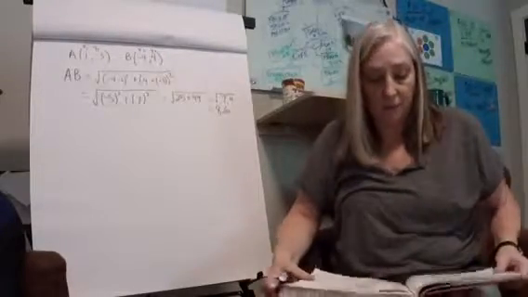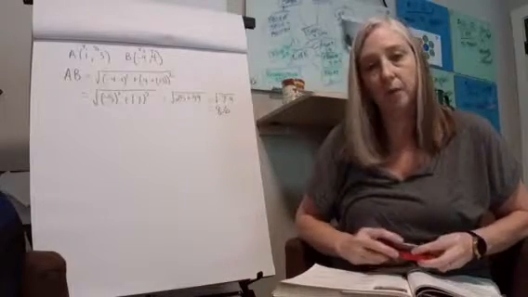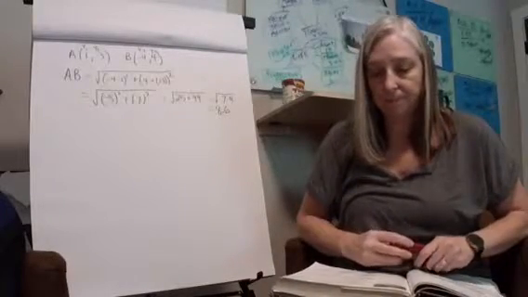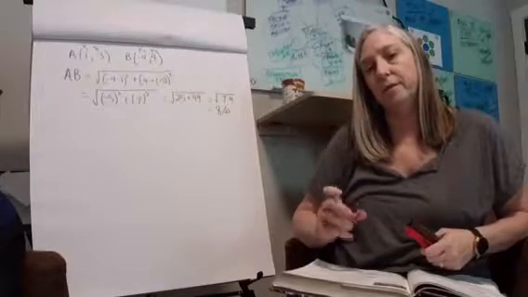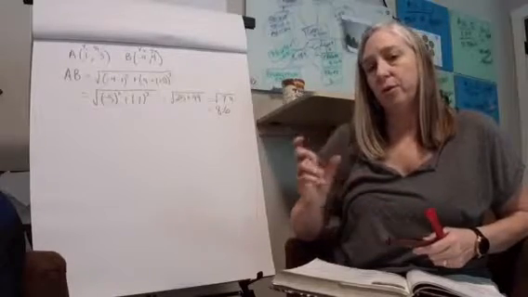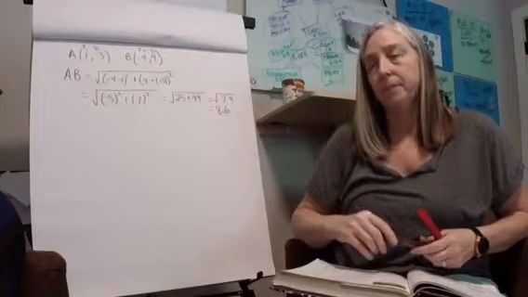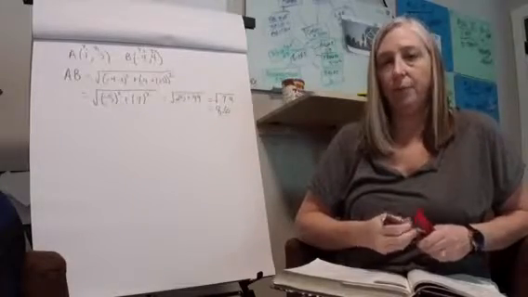Okay, the next thing that we're going to talk about in this section is how to find the midpoint of a line segment. So again, we found the midpoint using the ruler postulate in one of the sections earlier, and that's okay as long as you're on a horizontal line or a vertical line. But if that's not the case, then I need to know how to find the midpoint.